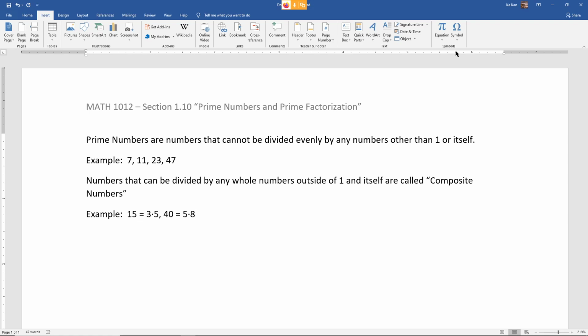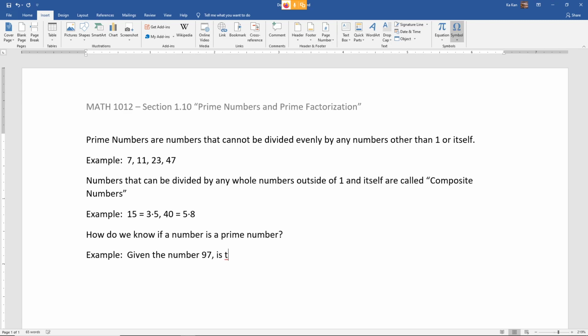So the question is, how do we know if a number is a prime number? So for example, say given the number, let's just find something a little bit bigger, like 97.